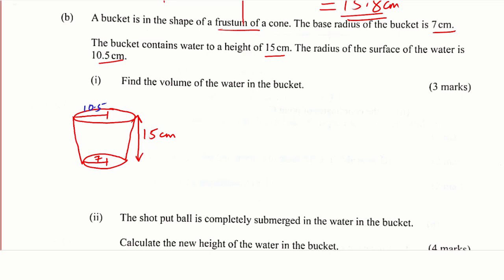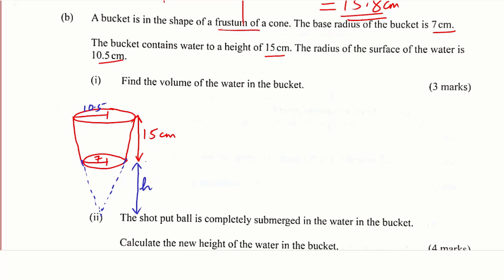Now, to do this, let's complete this cone like this. This is how it was before it was cut, and we shall let this one to be height h of this cone, so that we have two cones. So to get the volume of water in the bucket, you can see we have two cones.